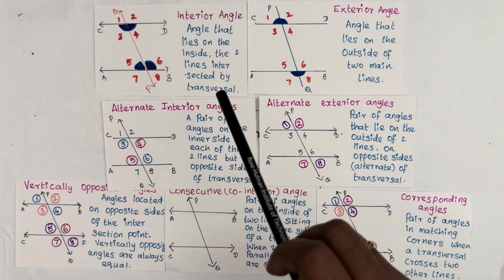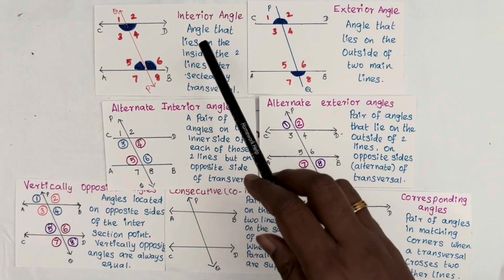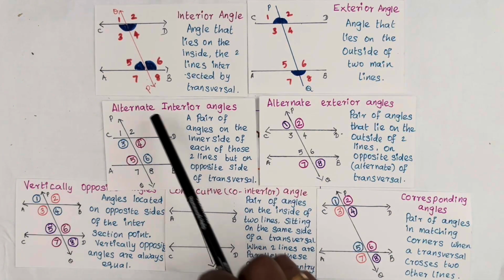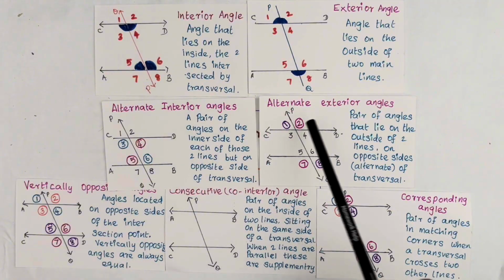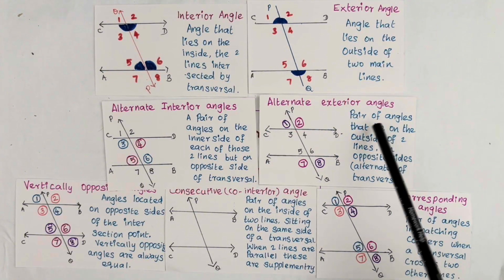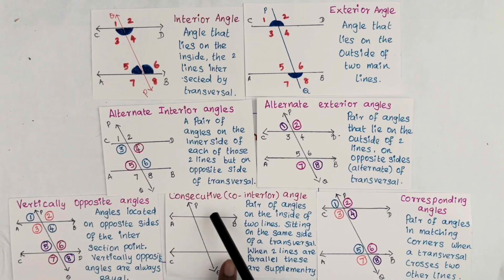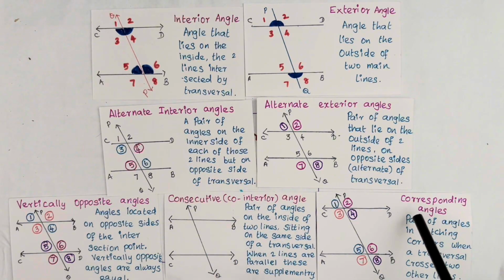So here we have interior angles, exterior angles, alternate interior angles, alternate exterior angles, vertically opposite angles, consecutive angles, and corresponding angles. We are going to learn all the angles in detail.